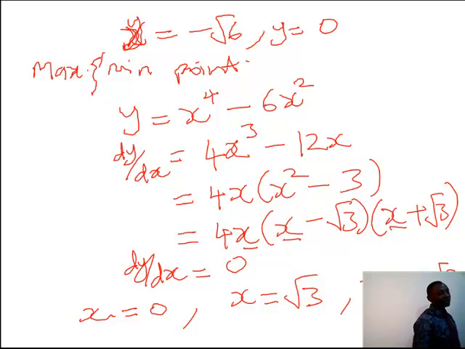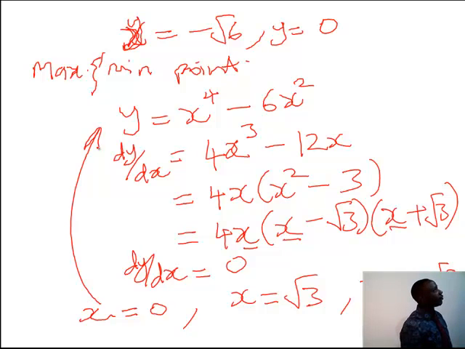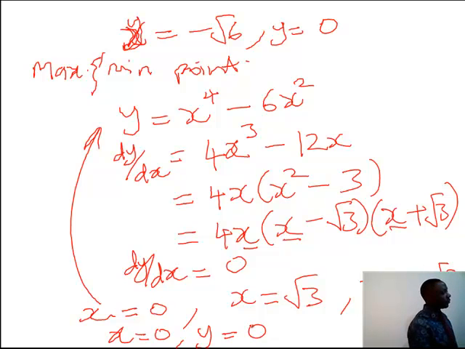Now, in order to find the point y for this expression, we are going to substitute these values of x into this expression, just like we did in the first calculation, when we were calculating for our point of intercept. So when x is equal to 0, our y also will be 0, and when x equals root 3, our y is going to be minus 9.